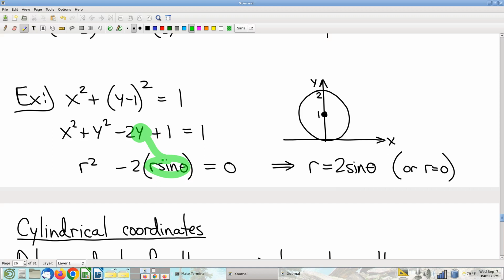And if you want, you can just take those formulas, plug them in at the very beginning, and it will work. However, you can save yourself some trouble here and there, because every so often it's useful, for example, to go ahead and expand out a square before you plug in your conversion formulas.